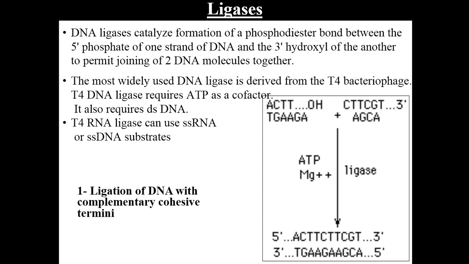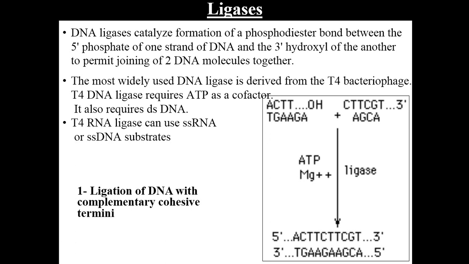Ligases. Ligation reaction means joining two molecules together by forming a phosphodiester bond between the two. DNA ligases catalyze formation of a phosphodiester bond between the 5' phosphate of one strand and the 3' OH of the other, to permit joining of the two DNA molecules.